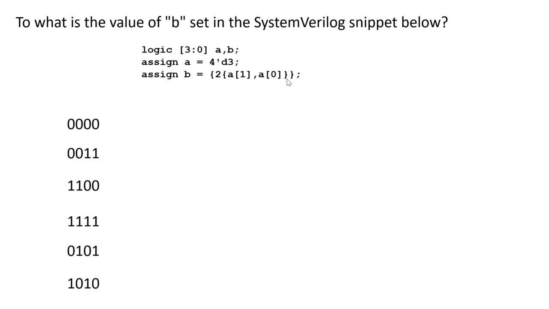Okay, what is the value of B set in the SystemVerilog snippet below? So this is question 7. I did not cover this in the last lecture, and yet I still asked you a question about it. So in the quiz, no matter how you answered this, you will get it right. I marked all the answers as being correct, just because I never covered it.